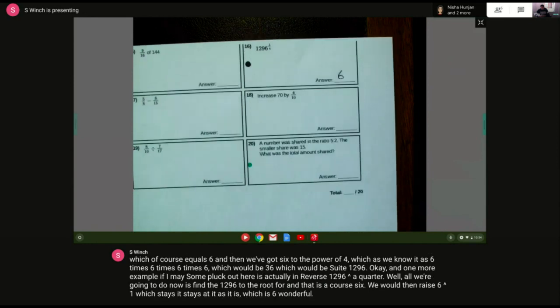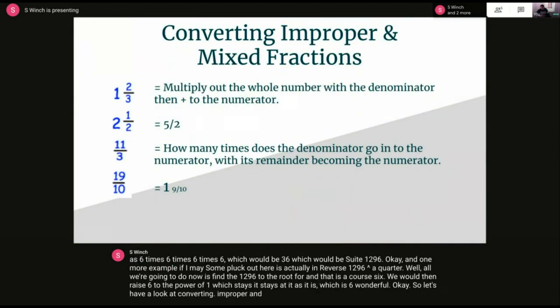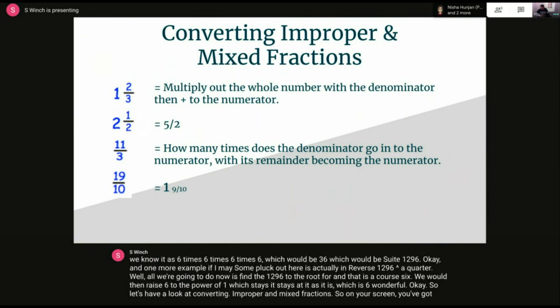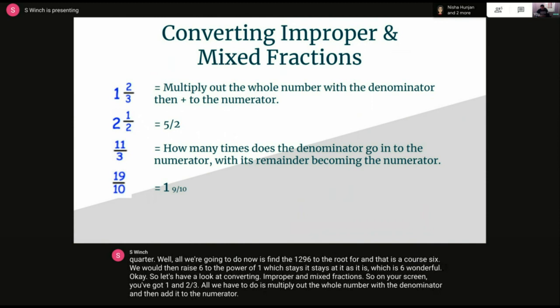Wonderful. Okay, so let's have a look at converting improper and mixed fractions. On your screen, you've got 1 2/3. All we have to do is multiply the whole number by the denominator and then add it to the numerator. Here, 1 is our whole number. The denominator is 3. So 1 times 3 is 3.